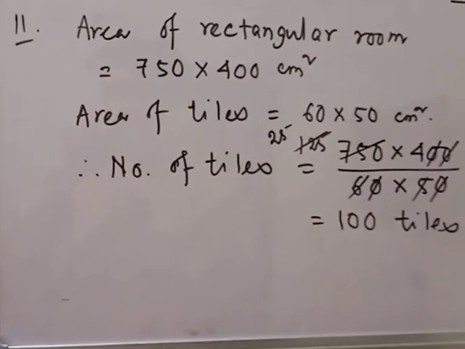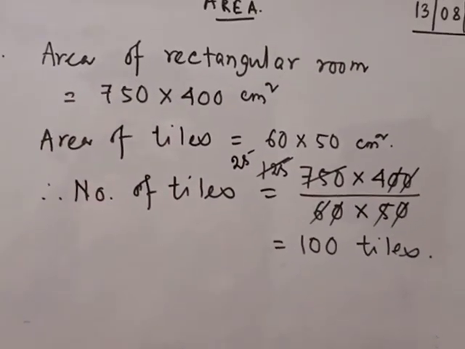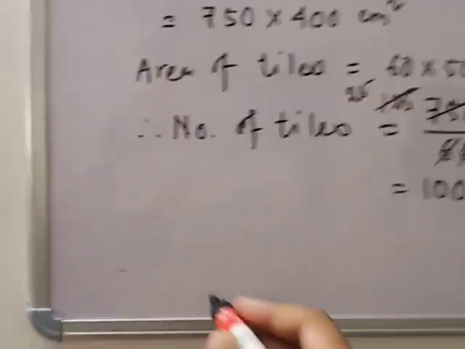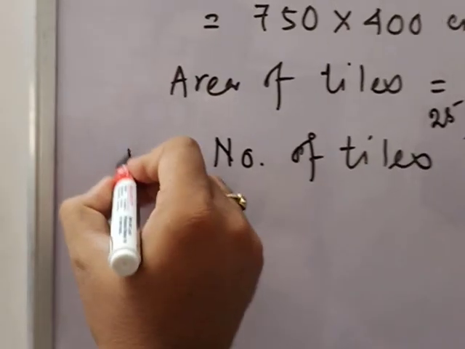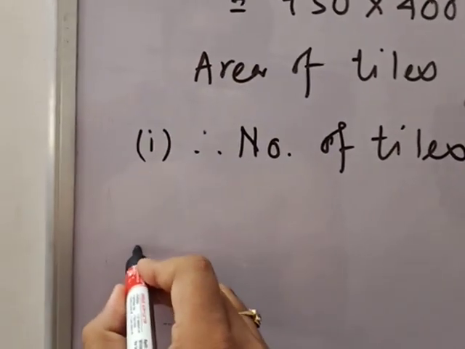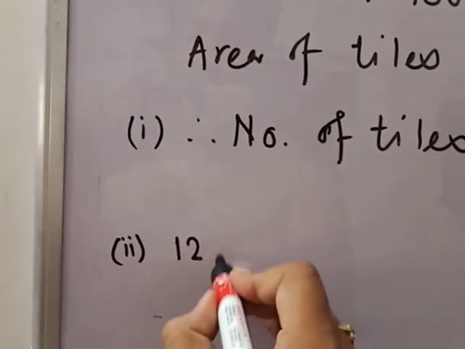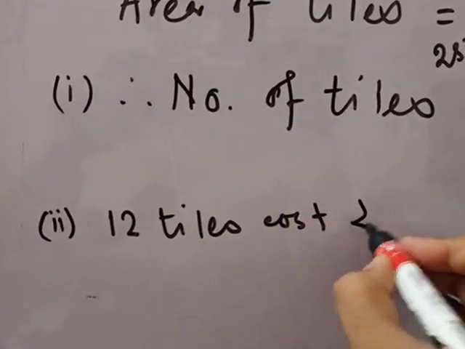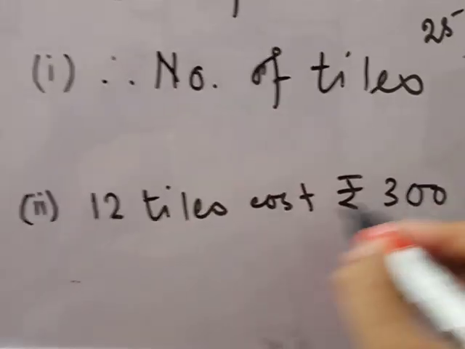So now for the second part, 12 tiles cost rupees 300. Find the cost of the 100 tiles. In the second part, 12 tiles cost rupees 300.